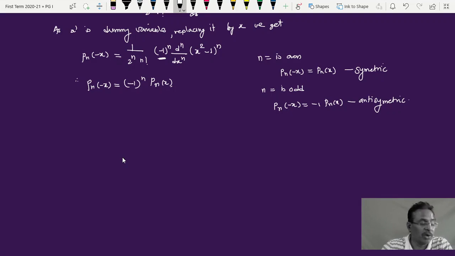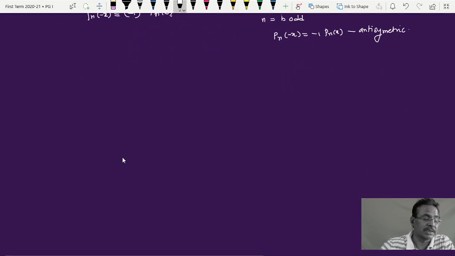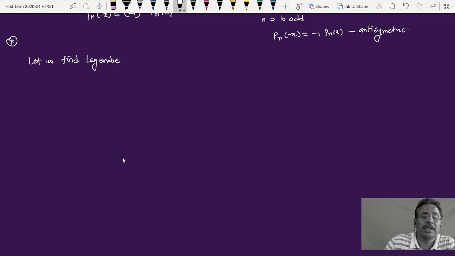Okay? And there is one more small derivation that we'll look at here, and then we will stop for today's session. And lastly, let us obtain Legendre polynomials using Rodrigues formula. Sometimes this question is asked in examination.